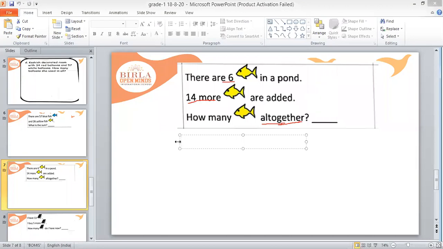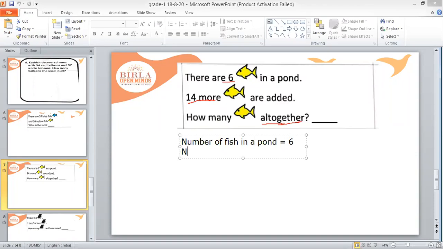So we'll write our first statement. This is number of fish in a pond. Start writing. Number of fish in a pond equal to how many fish? 6. Then how many more fish are added? 14.